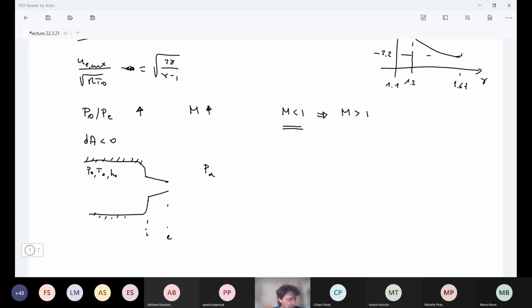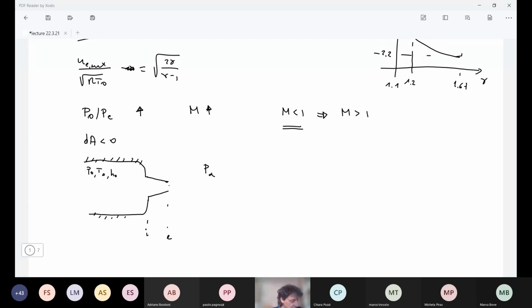But we have also obtained some relations, so that if we are at the external environment, with a given pressure, we can check the relations that we consider valid in this isentropic flow through this converging channel, and we can exploit the relation and see what will be the velocity here.